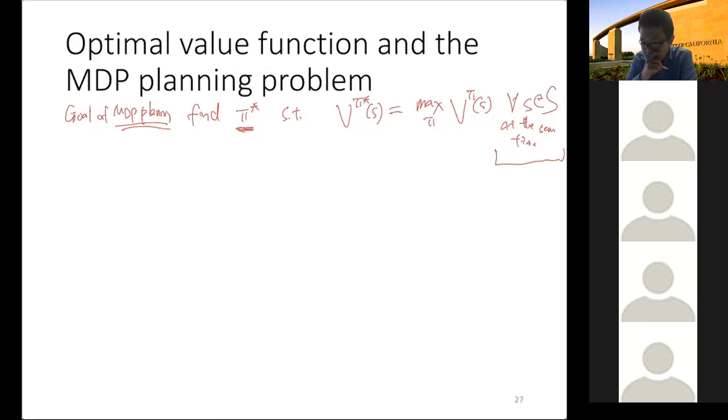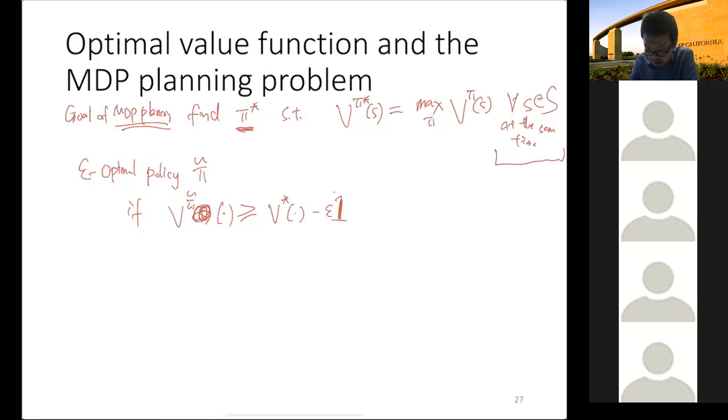The MDP planning problem is to find such a pi star, and sometimes we cannot hope to find the exact optimal policy, so we consider an epsilon-optimal policy. We say that a policy pi tilde is epsilon optimal if V of pi tilde, as a vector, is larger than V star minus epsilon, where this holds for all entries of the vector.